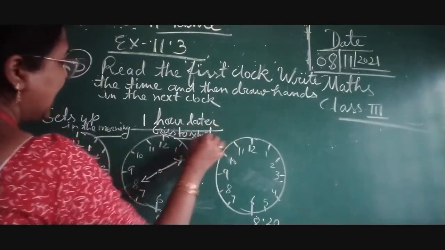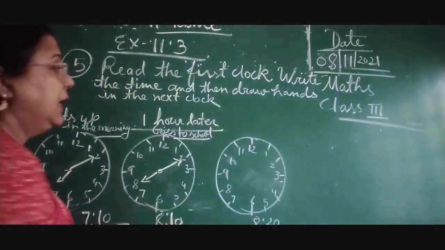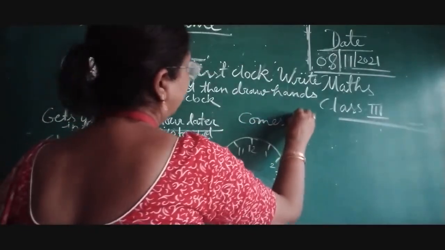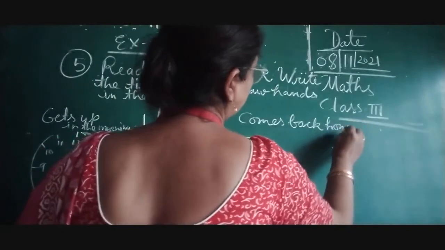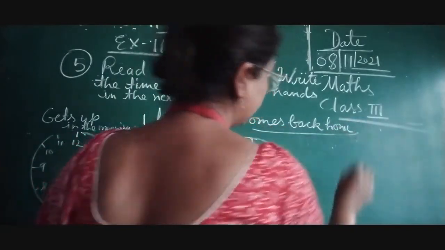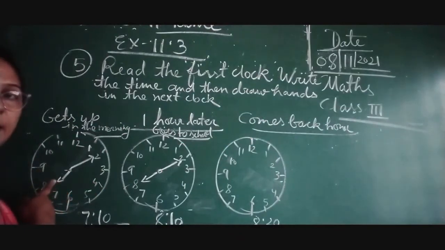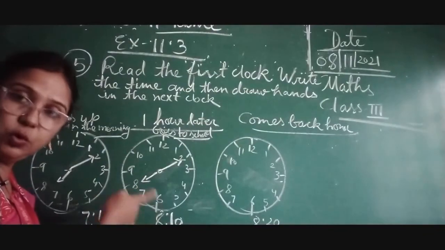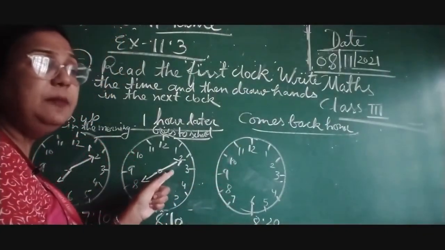And the last clock that we are going to show is comes back home. At this time you come home. Okay, this is the time you get up. This is the time to get up. Now here the time to go to school, the next time, that is 8:10, is the time to go to school.